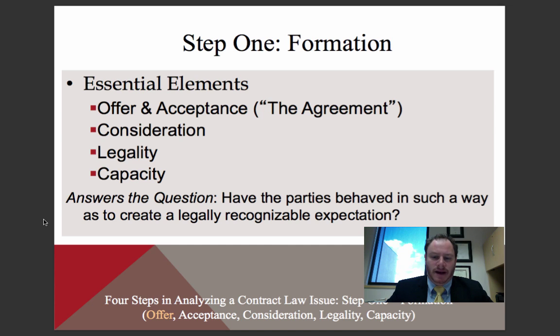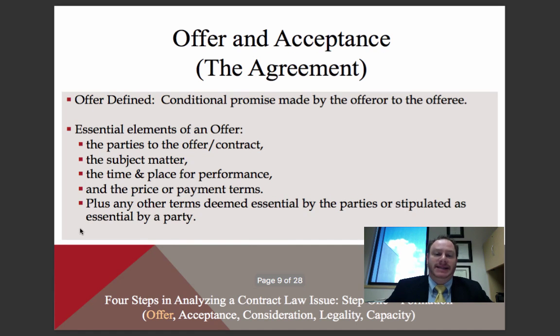But basically, the answer to these questions is, have the parties behaved in such a way as to create a legally recognizable expectation? So that basically means you can't just subjectively in your own mind think that you've got a contract. It needs to be objectively manifest by your words and by your actions. Offer, acceptance, consideration, legality, and capacity.